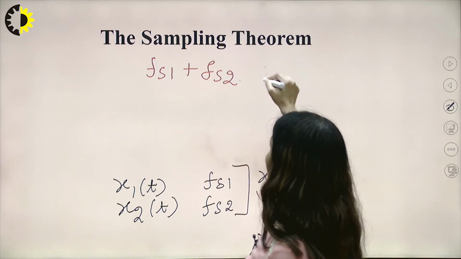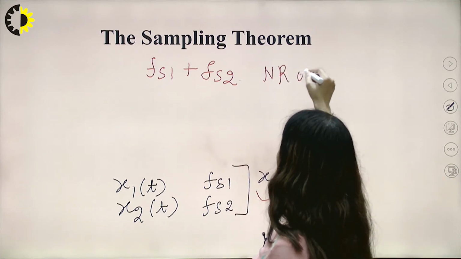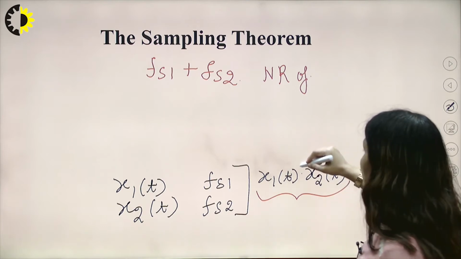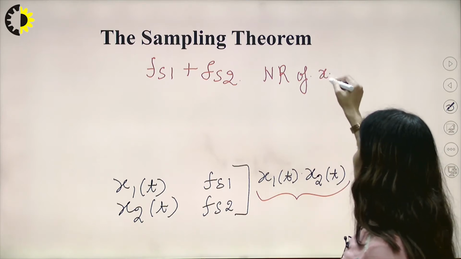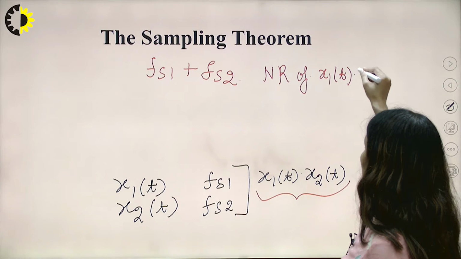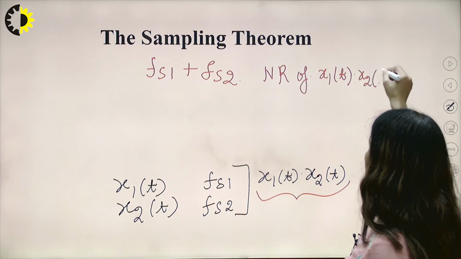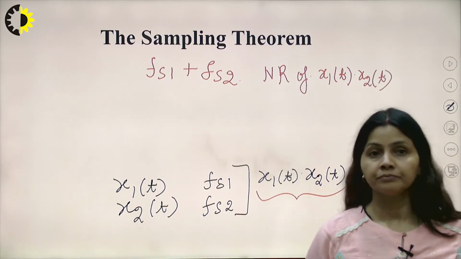This is the Nyquist rate of the x1(t) into x2(t) signal.